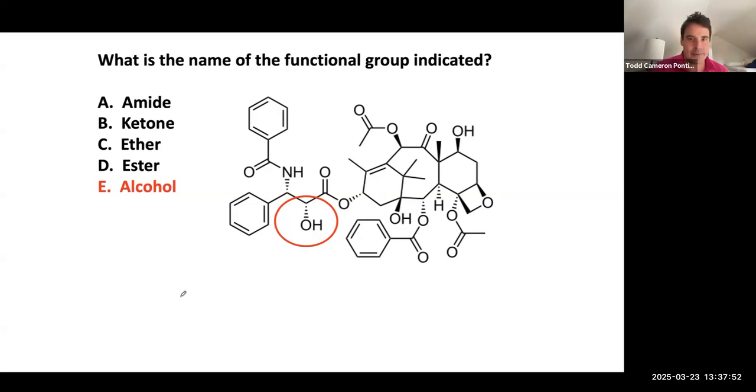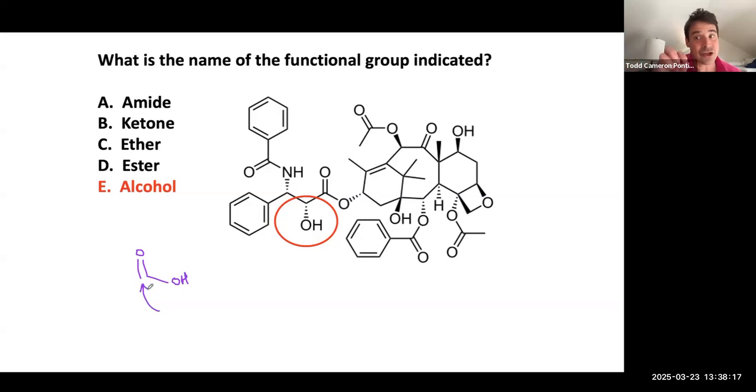And one thing I wanted to point out, just because this is oftentimes a point of confusion, it might look similar to a carboxylic acid. A carboxylic acid has an OH group immediately adjacent to a carbonyl.